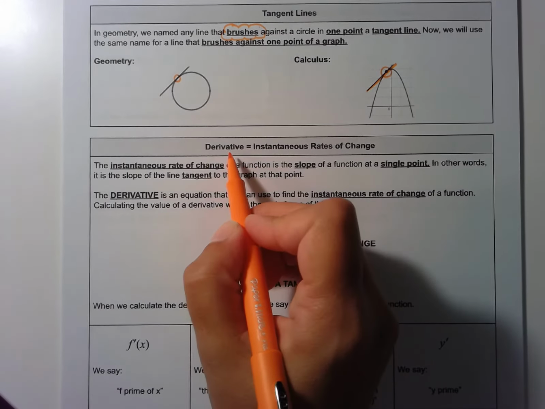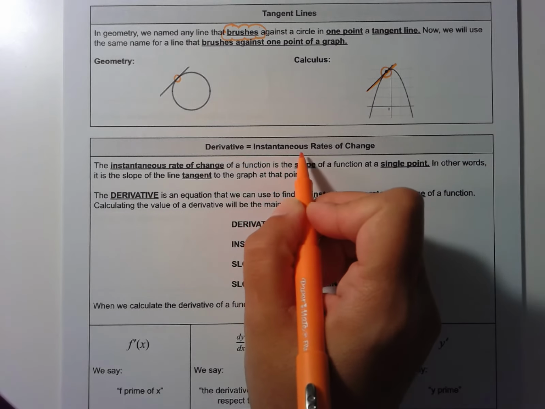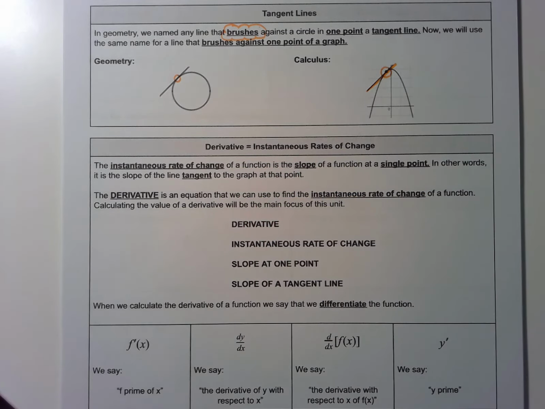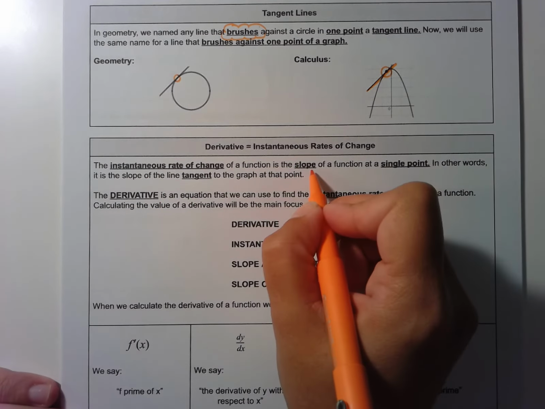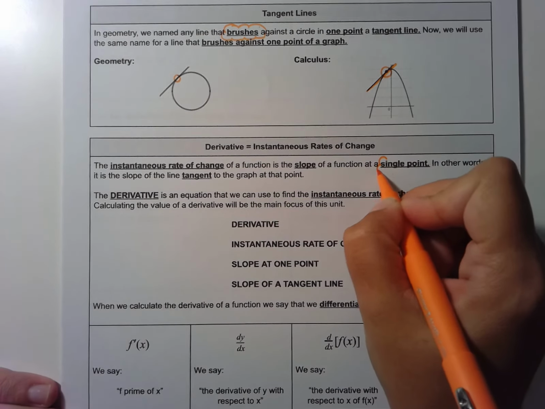A derivative is also known as the instantaneous rate of change. So just like slope and average rate of change were kind of interchangeable, derivative and instantaneous rate of change are interchangeable. The instantaneous rate of change of a function is the slope of a function at a single point.